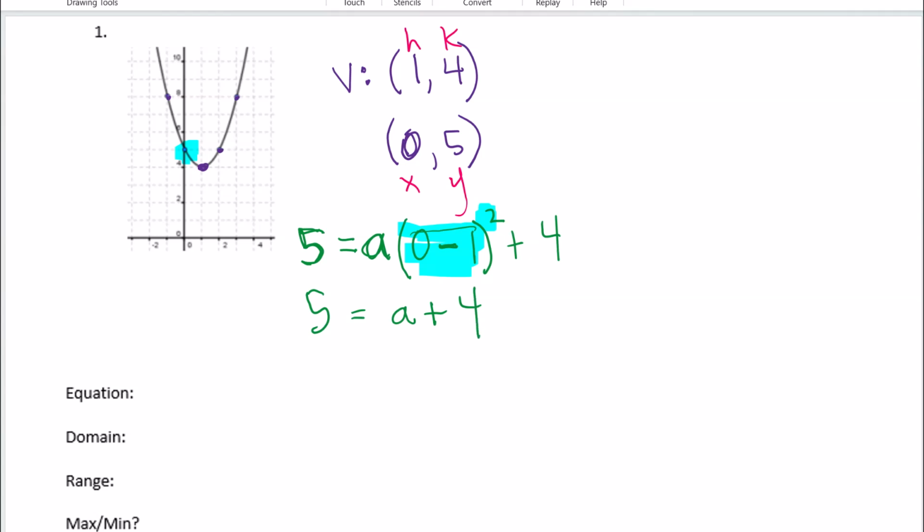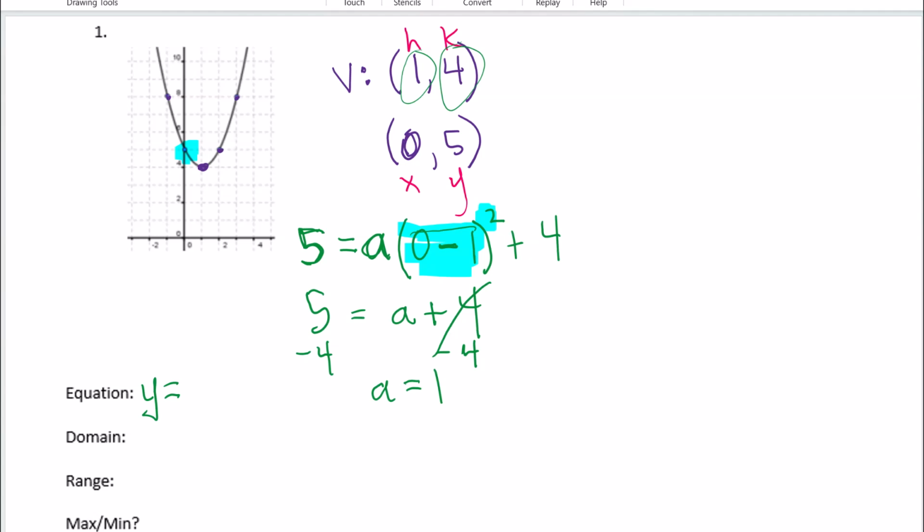I can just write a plus 4. And when I go to solve for a, I'm going to subtract 4. So then we'll get a equals 1. So 5 minus 4 is 1. So now we can write our equation because now we have a, h, and k.